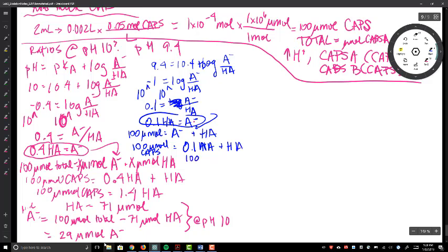So 100 micromoles is equal to 1.1 times HA micromoles. We divide both sides by 1.1, and then we get 91 micromoles of caps acid.